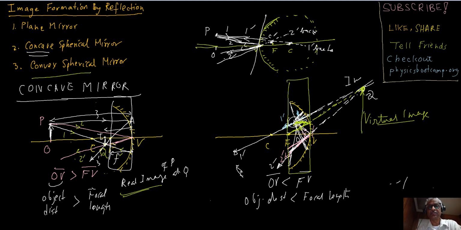So this is my Q. So this P will appear to be over there if I'm looking in that direction, because some of these rays are going to come and strike my eye, which all seem to be coming from there. So all the rays in this cone will seem to be coming from here, as far as I'm concerned.